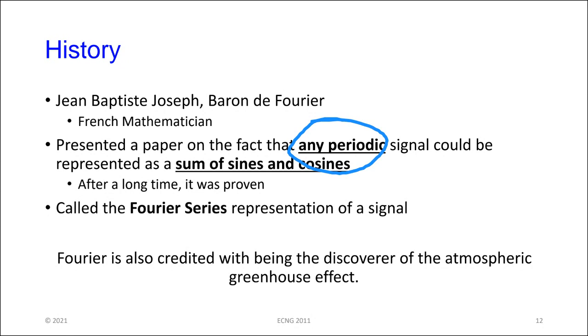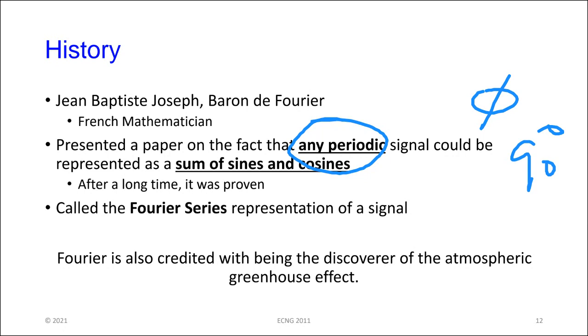It took a long time afterwards for the mathematicians to prove it. Remember, a sine and a cosine are the same thing, except that there's a phase angle of 90 degrees or pi over 2 difference between the two of them.